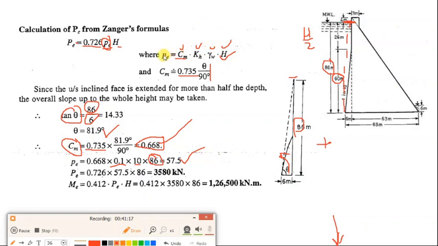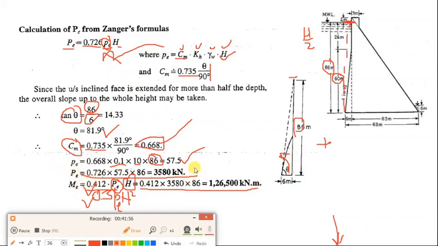Putting the value of PE here, you can get the hydrodynamic force. The moment is 0.3 small pe into h square, or 0.412 capital PE into h, both are the same. So this is how you can calculate the moment and the hydrodynamic force.